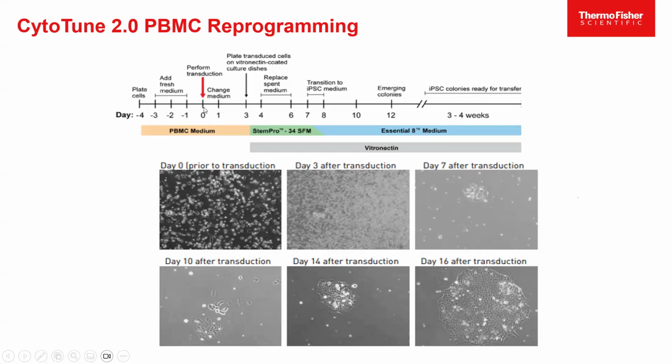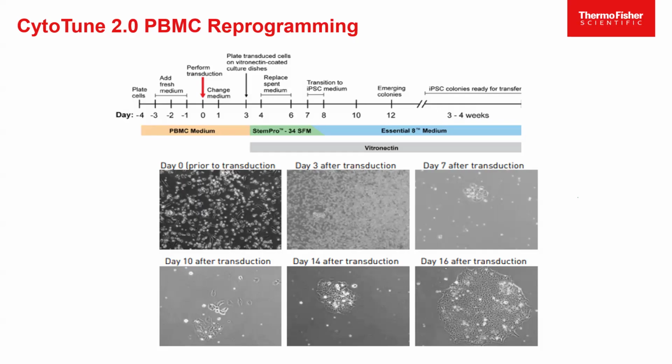And in this protocol, you'll see that blood cells, because they're not really attached, they are actually in suspension culture, grown normally, and by day 3 they're going to be ready to be plated back down onto the extracellular matrix. And in our experience, we've seen that PBMCs tend to reprogram a little bit faster than fibroblasts. So by day 14 to 16, we see these really nice colonies that are ready to be picked for most clones.